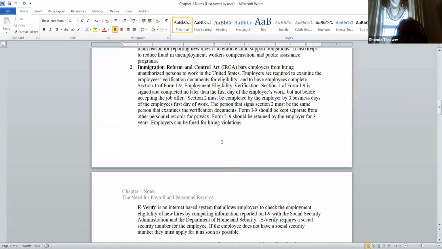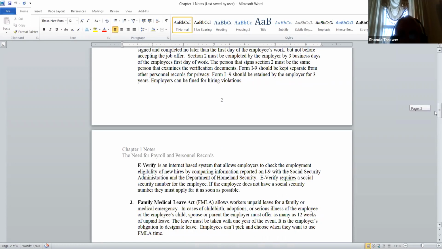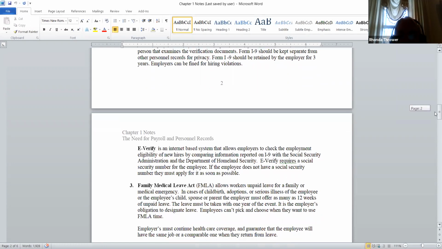What they're going to do is compare the information that they've collected on the I-9 form with the Social Security Administration and Department of Homeland Security. E-Verify basically verifies that there's a Social Security number for the employee. And if the employee does not have a Social Security number, they need to go ahead and apply for that as soon as possible.